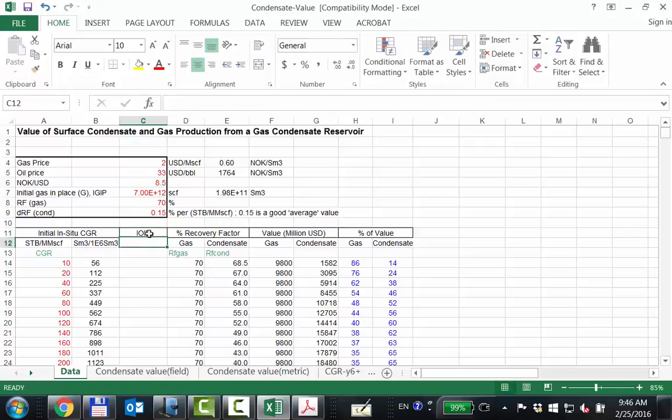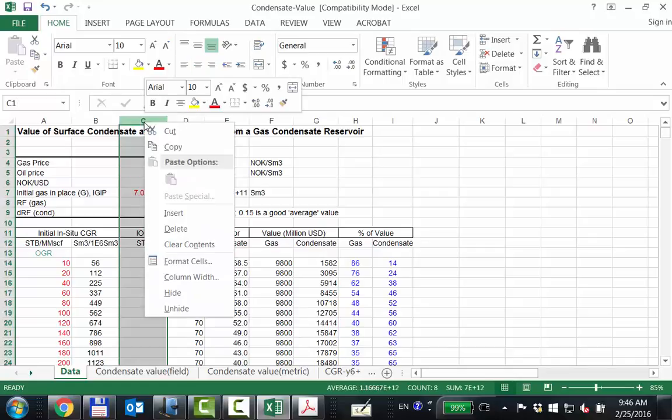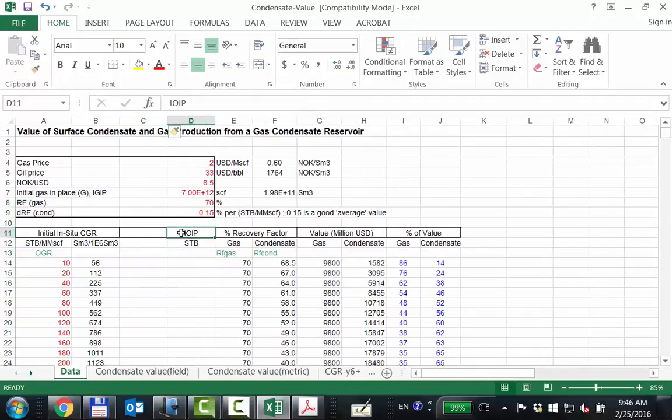I'm going to write oil, just because you'll find it both ways: initial oil in place, OGR, it's the same thing. And I'll put it in stock tank barrels. I suppose I should have another column for that.